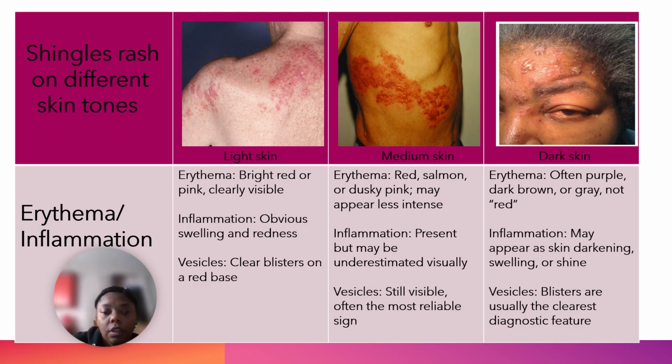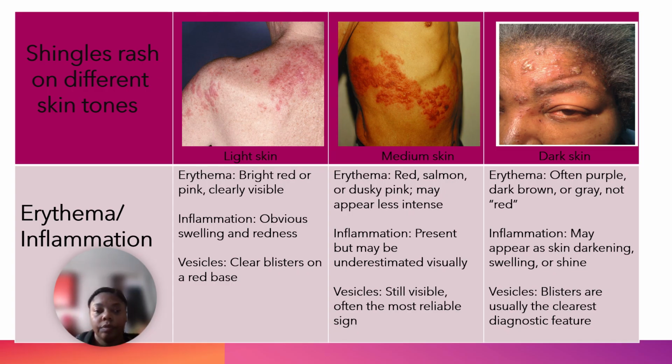And on the dark skin, the erythema is often purple, dark brown, or gray. It's never red. The inflammation appears as swelling or skin darkening or shiny skin, and the vesicles or blisters are usually the clearest diagnostic feature on dark colored skin.